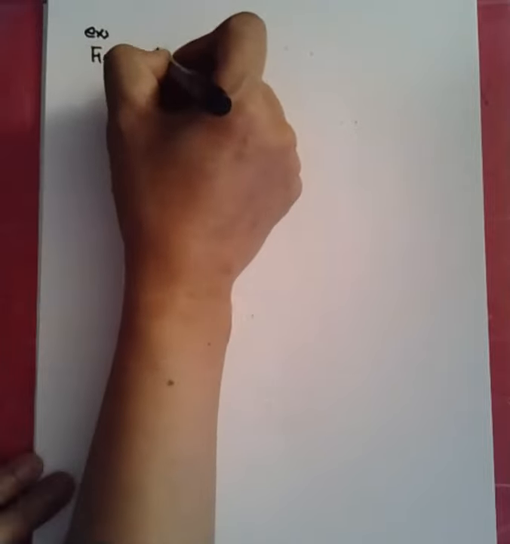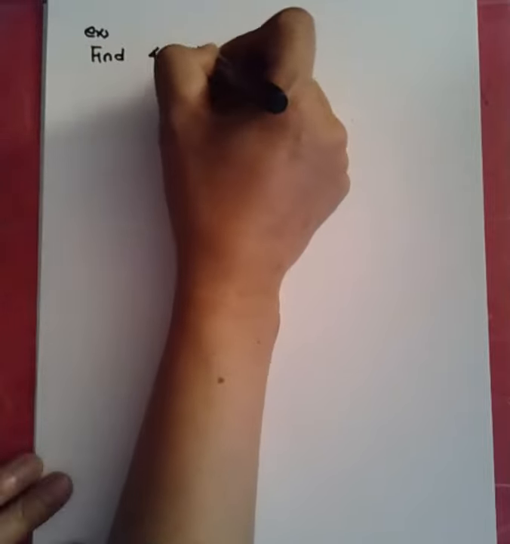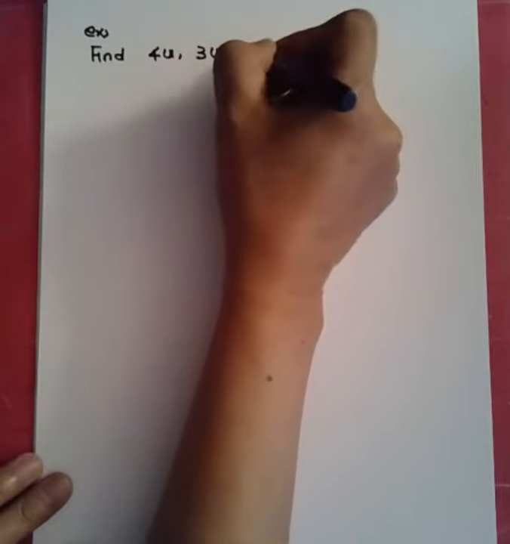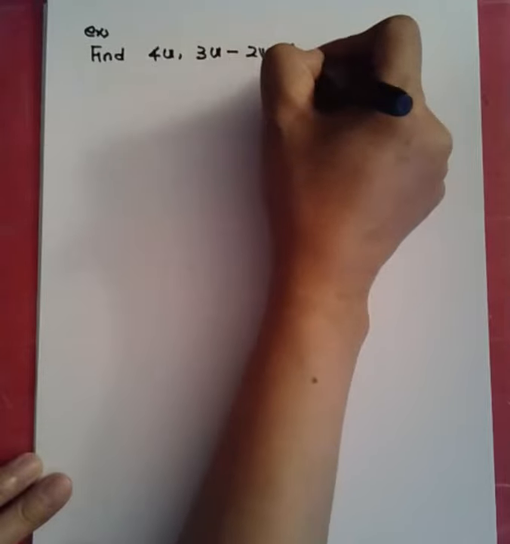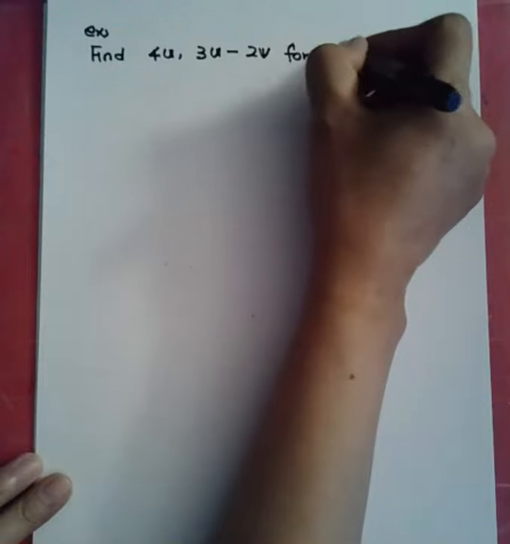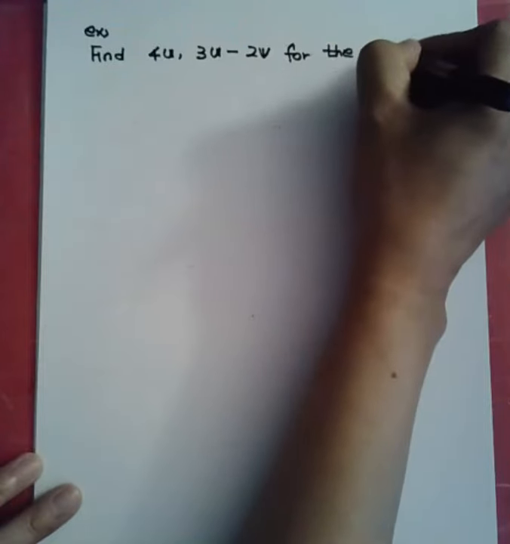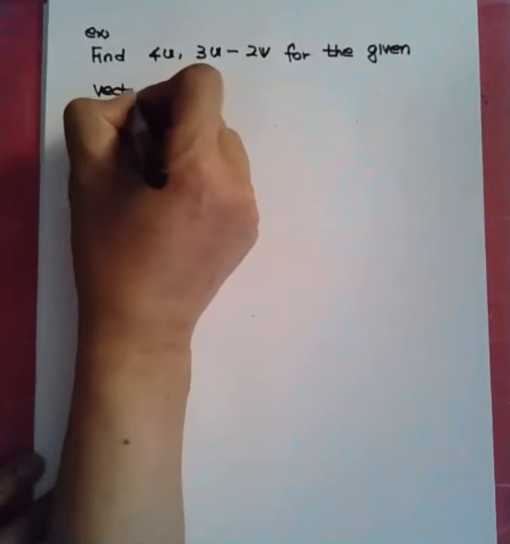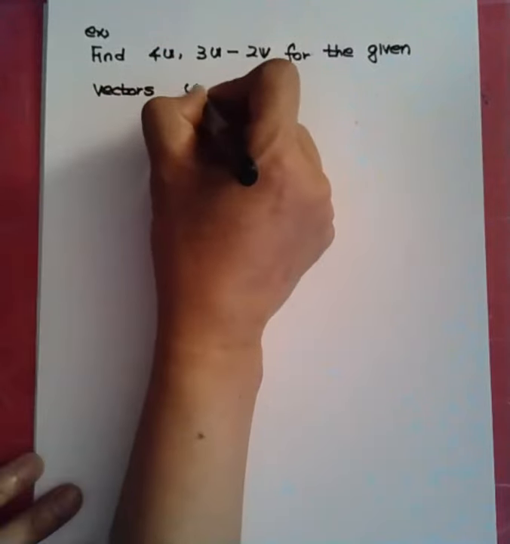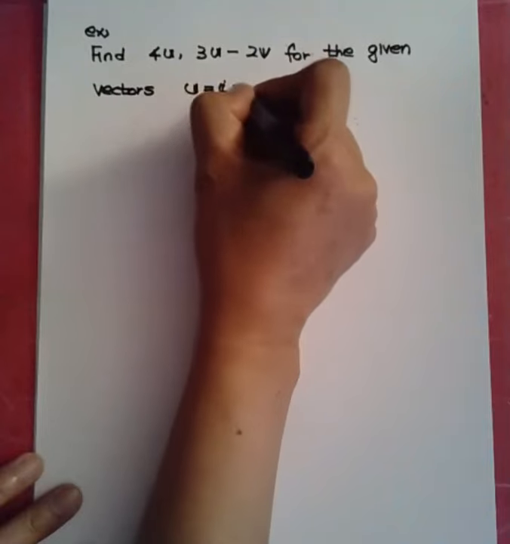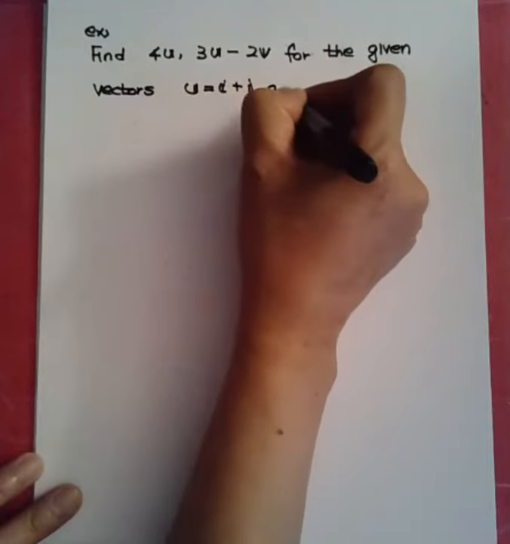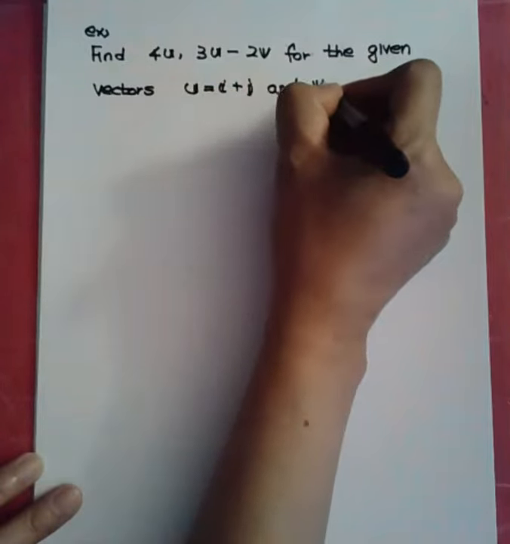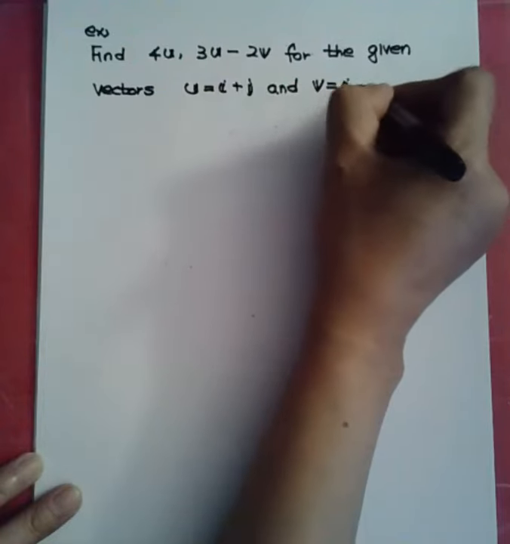The next example is finding 4 times u and 3u minus 2v for the given vectors. u equals i plus j and v equals i minus j.